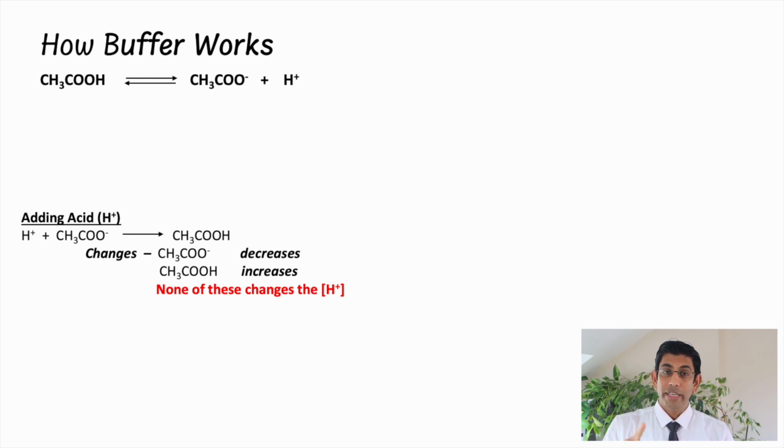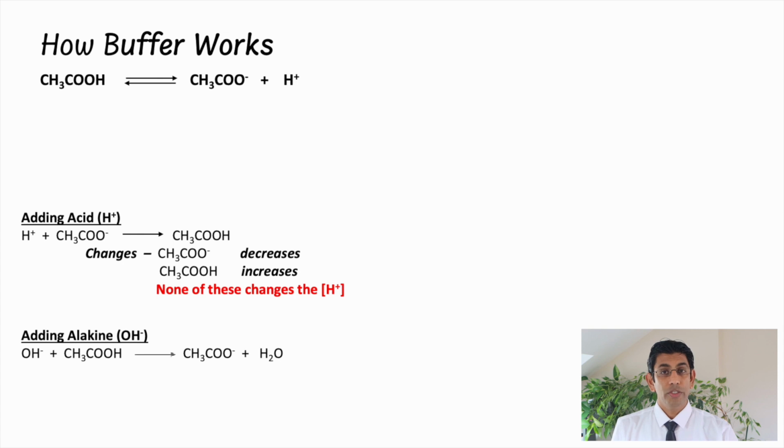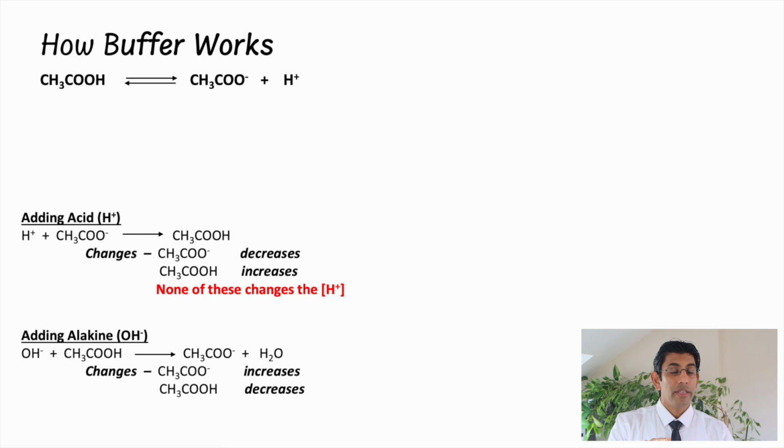Let's see if you are adding OH minus ions, alkalis. When you add alkalis to the solution, you are introducing OH minus ions to the solution. These OH minus ions are going to react with ethanoic acid, CH3COOH molecules. So it's an acid-base reaction. It's going to form CH3COO minus ions, ethanoate ions, and water molecules. Again, what are the changes happening here?